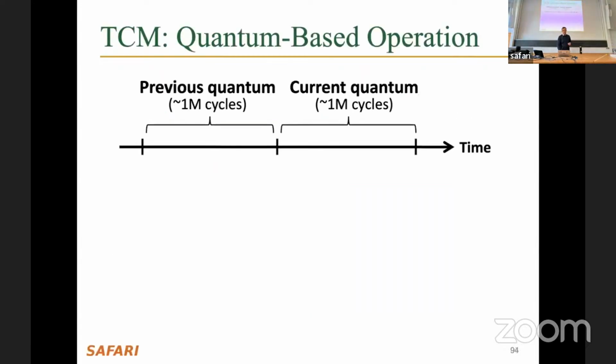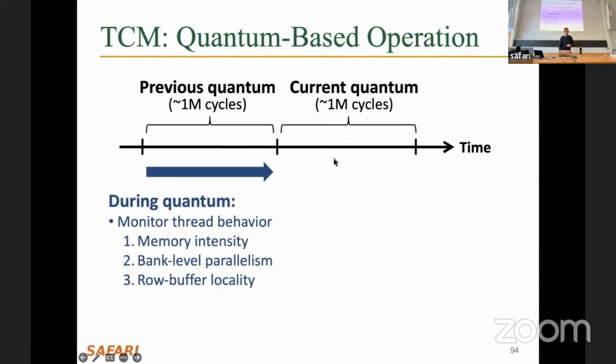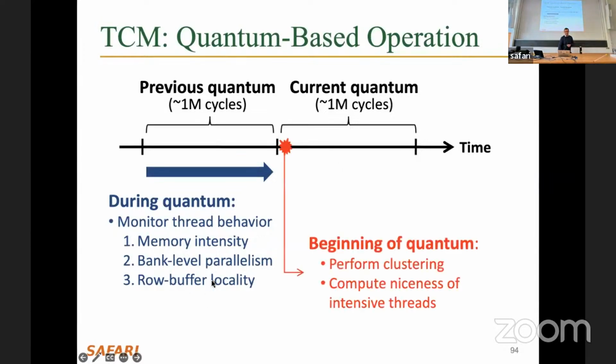Okay, so the operation of TCM is also quantum based. Basically, we divide time into time quantums, and during a quantum, we monitor the thread behavior: memory intensity, bank level parallelism, row buffer locality. And at the beginning of the next quantum, we perform clustering and compute the niceness. And within a quantum, we basically shuffle thread rankings. So you can see that the shuffling is happening at a very fine granularity.